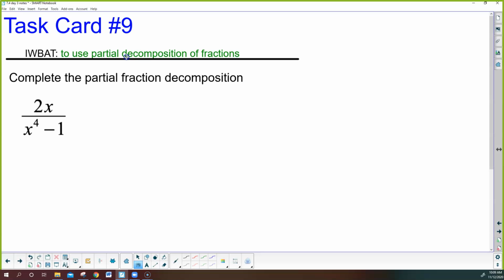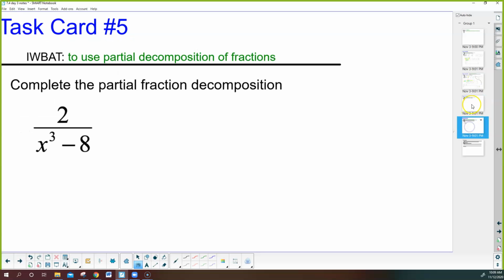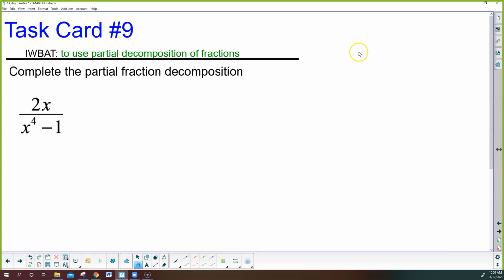All right, so this one is task card 9. And this is the last one that I'm going to have you guys write down. We've got one more that I'm going to show you, but we're not going to go into having you write that one down. But definitely write this one down.